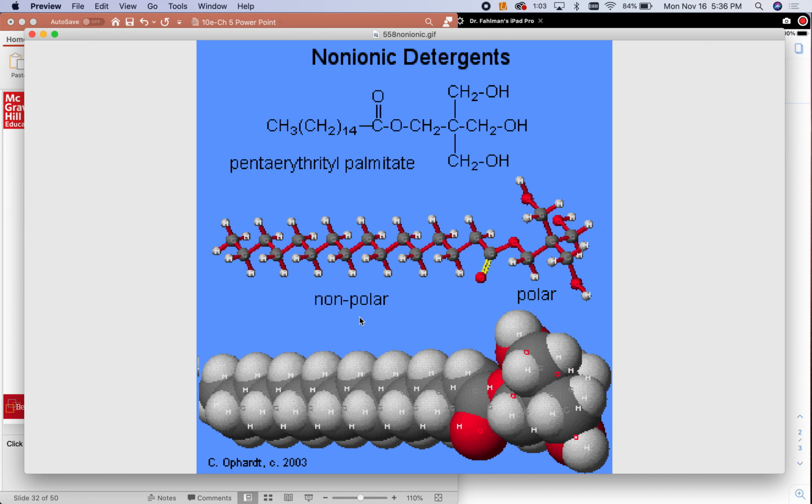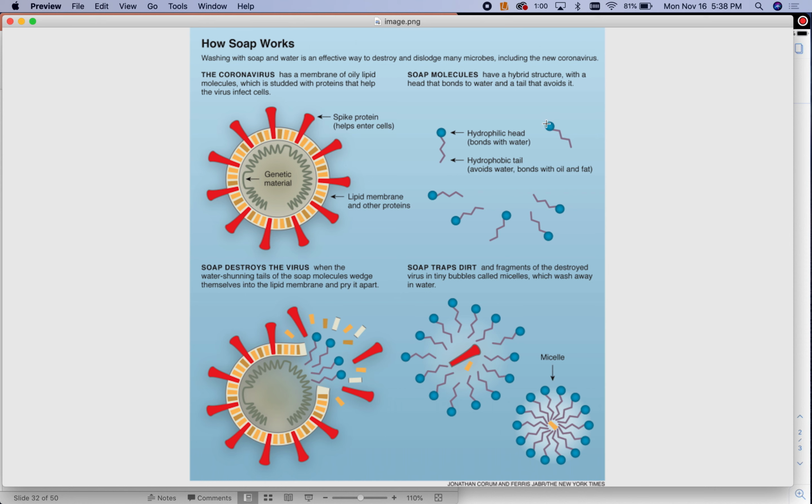And again, this is a schematic of soap particles. This is why you should be washing your hands very frequently. This ball represents the polar end, and then this is that long non-polar chain.